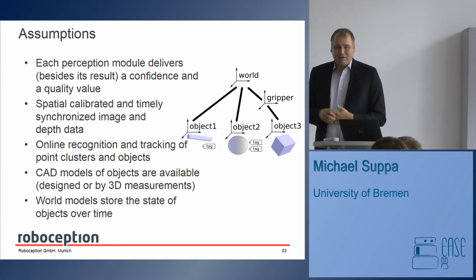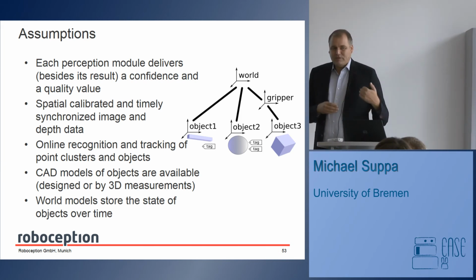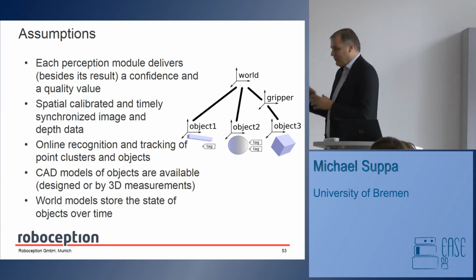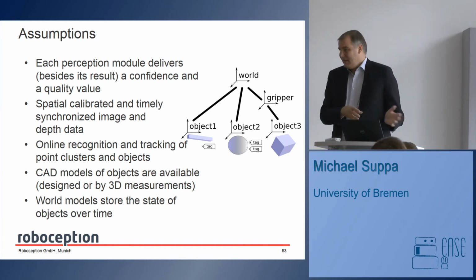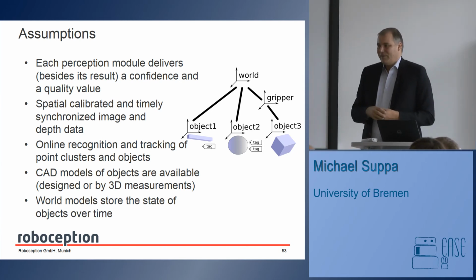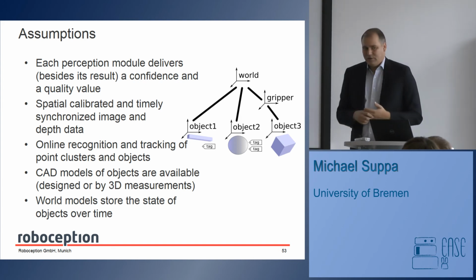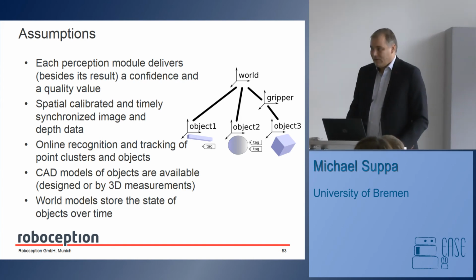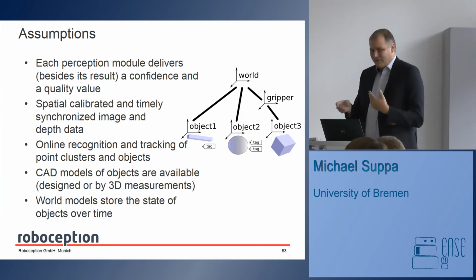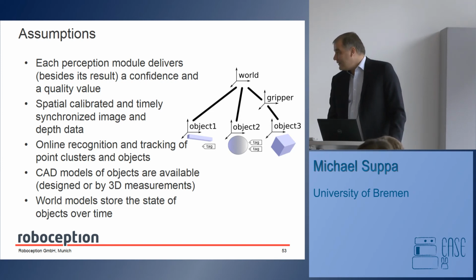So for me that's a clear cutting point between where object detection ends and where world modeling begins. The one is stateless, the other one has a state. It changes a bit when you talk about tracking, because then you need the state. But this assigns the tracking more towards the world model, because then you have state only in one. If you have two modules that consider state, it's difficult to keep track of the correct state in the end.